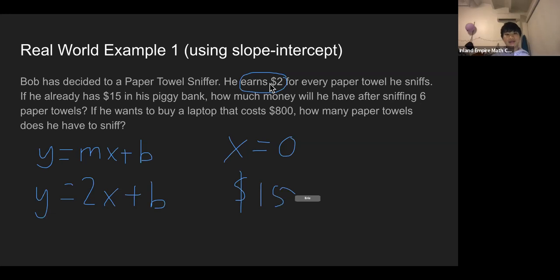Because he hasn't made any money yet. He just has this $15 that he already had beforehand. So B would actually equal 15, right? Since he would start with $15, and when X is 0, then he would have $15.